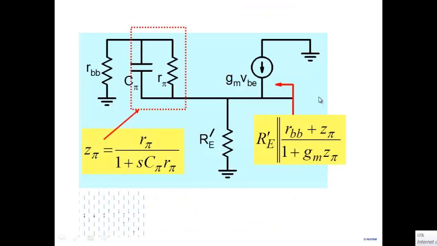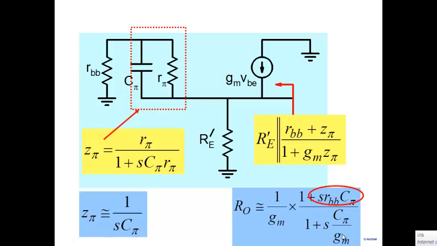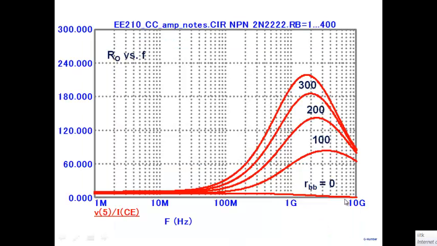And then there are more things that are happening which pull it down, and there are C mu's and other things also that are there. So the inductive term is coming because of this part here, RBB C pi. The larger the RBB term, the more the importance of this particular term, and the more the inductive effects that are present. For example, in these simulations, what I did was I varied the value of RBB.